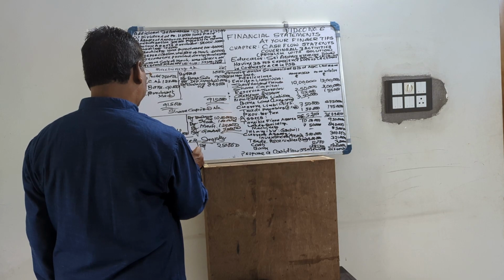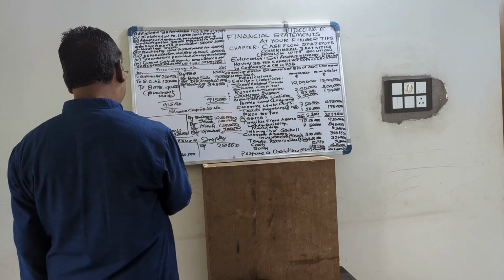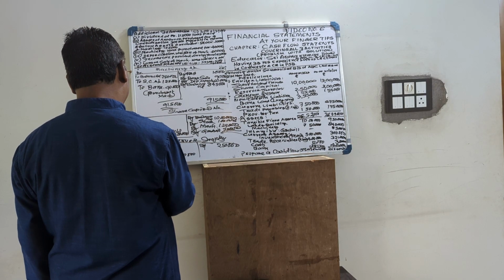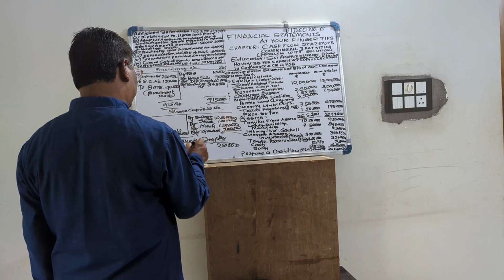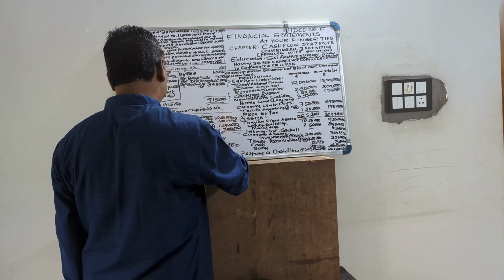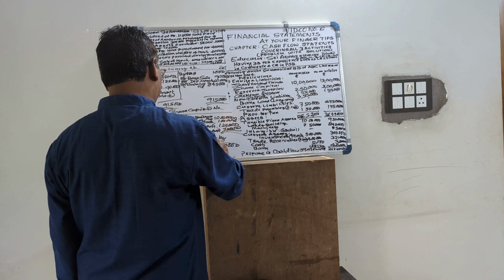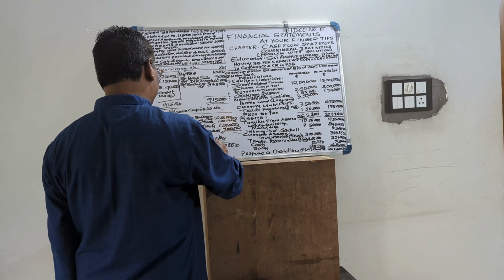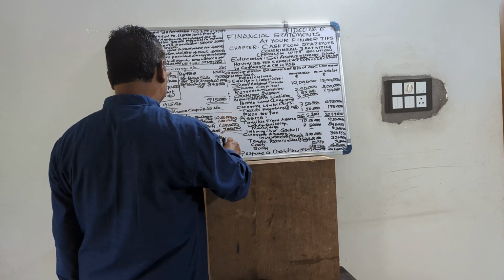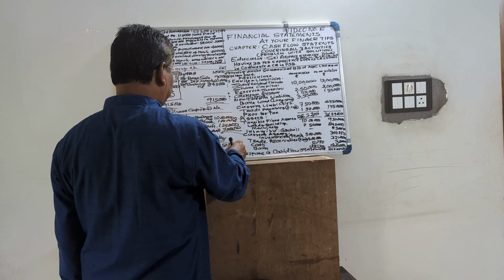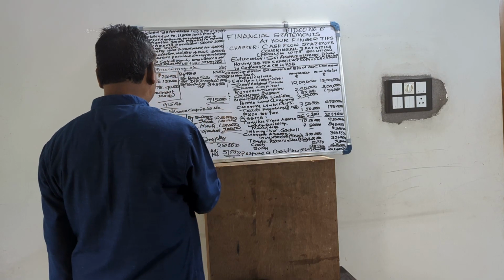Then reserve and surplus debited to machinery account due to loss on machinery 1,000. So the difference amount is by adjusted profit and loss. By adjusted, it will be debited to profit and loss account. That is 51,000. So adjusted profit and loss is 50,000. We will consider that.